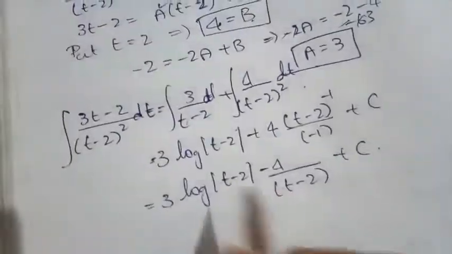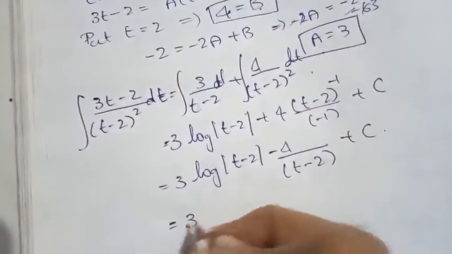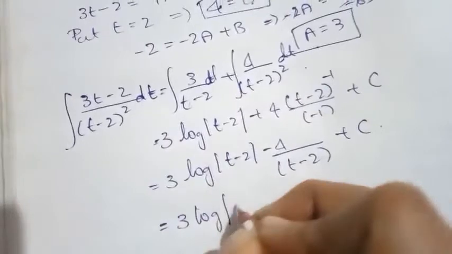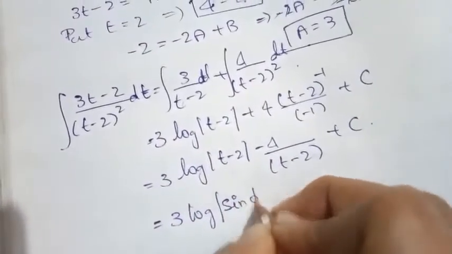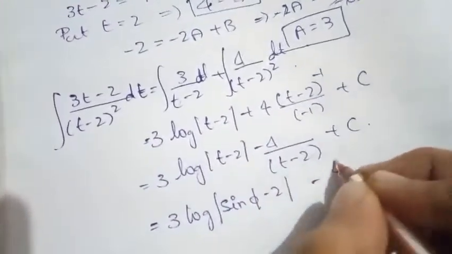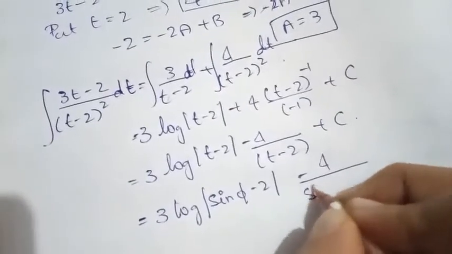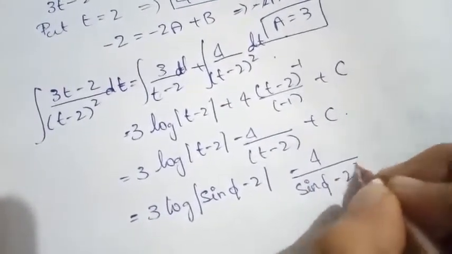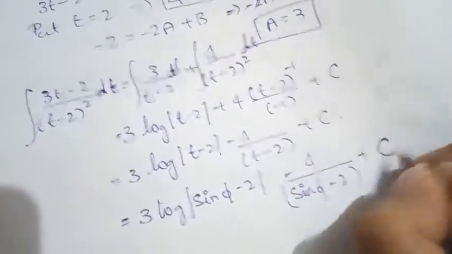Now substitute back the value of t. What was t? It was sin phi. So 3 log mod sin phi minus 2 minus 4 divided by sin phi minus 2 plus c.